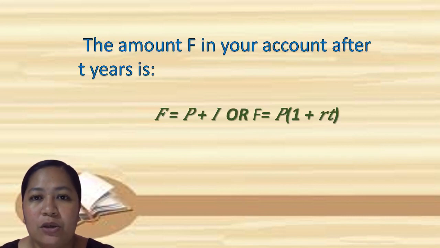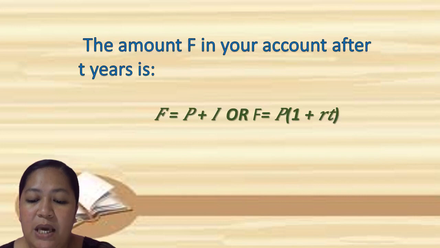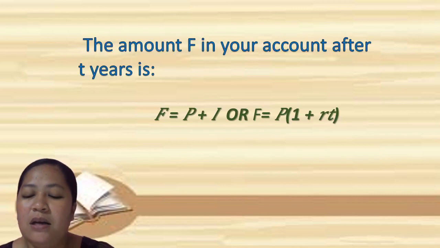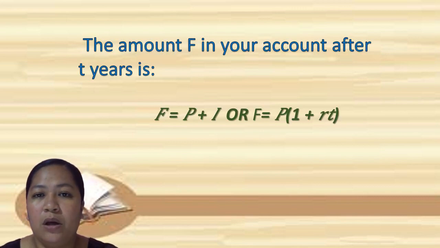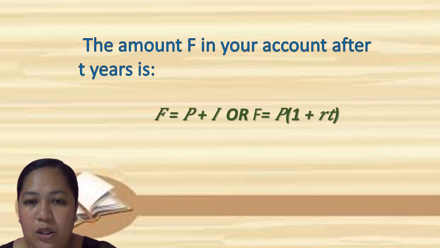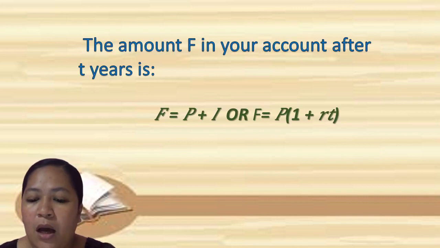But we can also use another formula, which is P times 1 plus RT, the principal amount multiplied by 1 plus the rate and the time. In this one, we will automatically get the total amount completely, without using another equation or formula.